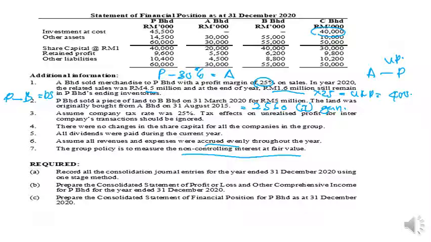So A selling to P here is upstream. Okay, so sales here is 4.5 million, and at the year end 1.6 million remains as inventory. So 1.6 million here you need to times by 25%, and you're going to have the URP here. The URP amount here is 400.